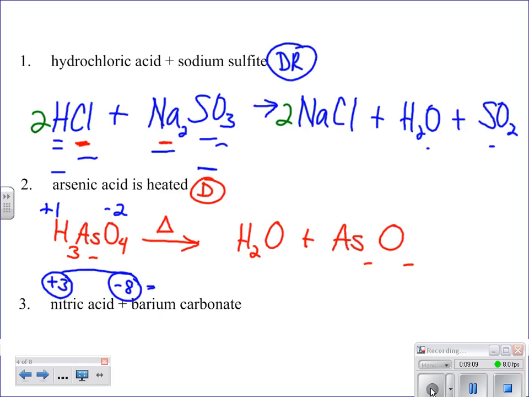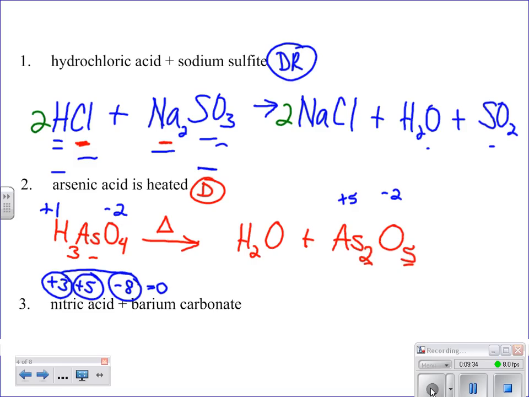Remember, this is a neutral compound. It's got to equal 0. So what does the charge of my arsenic have to be? +5. So if it's +5 on this side, it's going to be +5 on this side. So I'm thinking to myself, this is +5, this is still -2. So the way we would write that is As2O5.